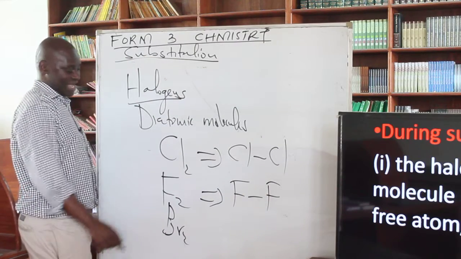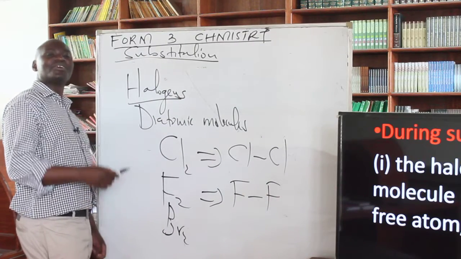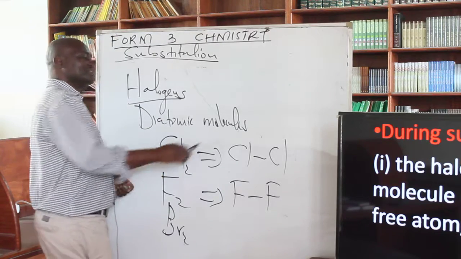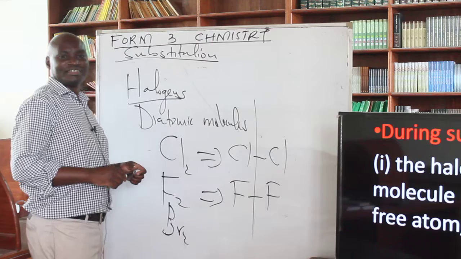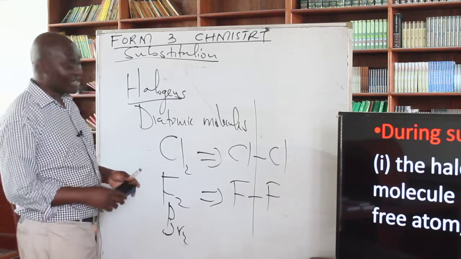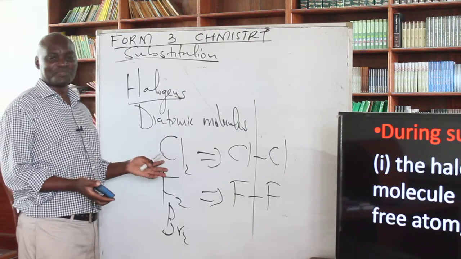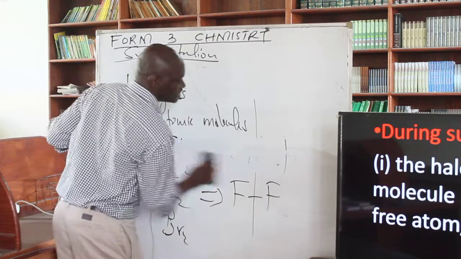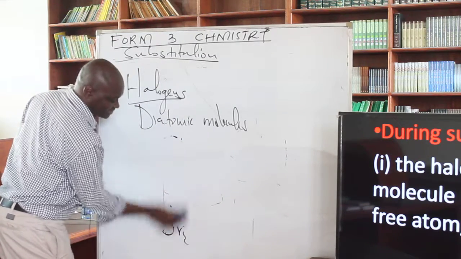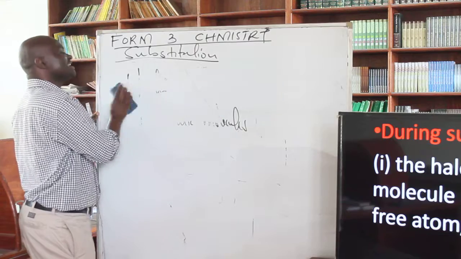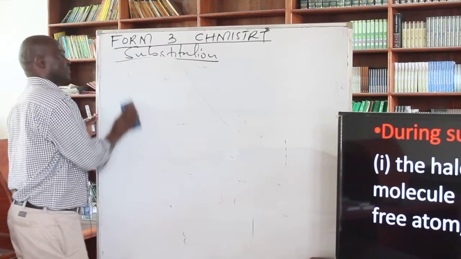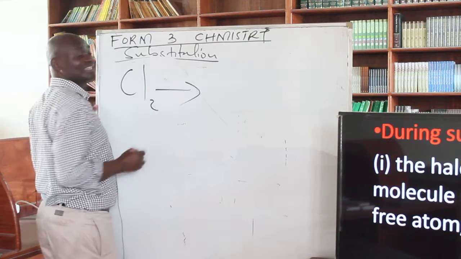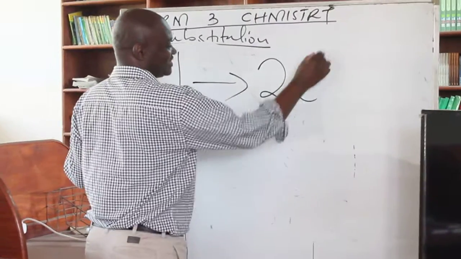In fluorine, we have a fluorine covalent bond. And the same applies to the others. Normally, the sunlight is required to split the halogen molecules into free radicals or free atoms. So the role of sunlight is to split the halogen molecules into free radicals.